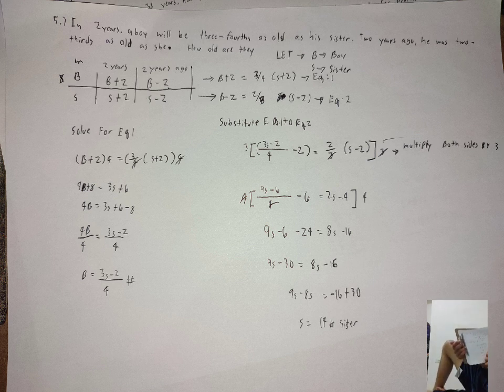So 9s minus 6 over 4 minus 6 equals 2s minus 4 over 4, multiplied by 4. So 9s minus 6 minus 24 equals 8s minus 16. So 9s minus 30 equals 8s minus 16.